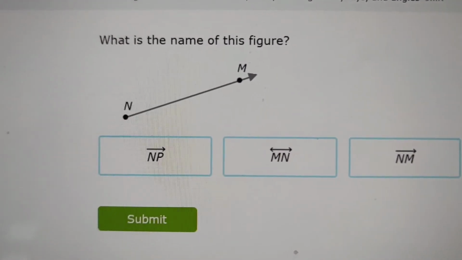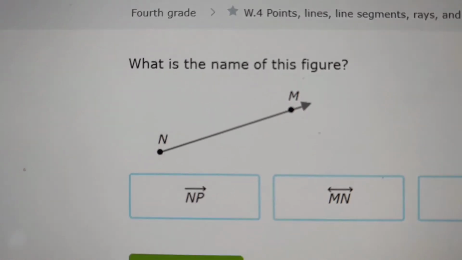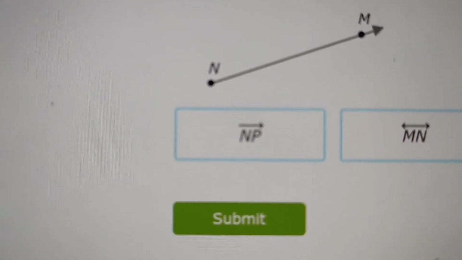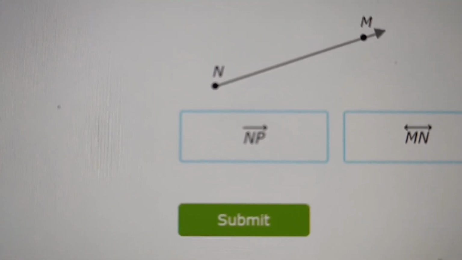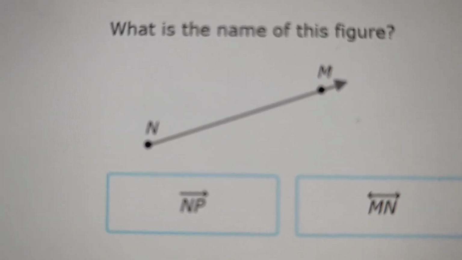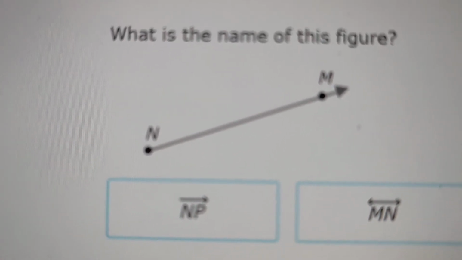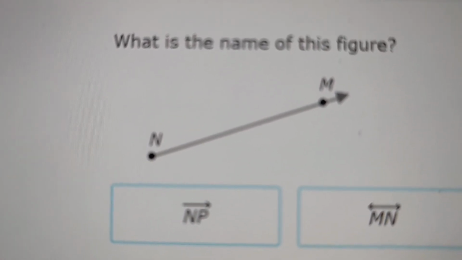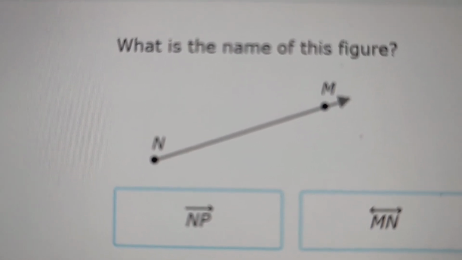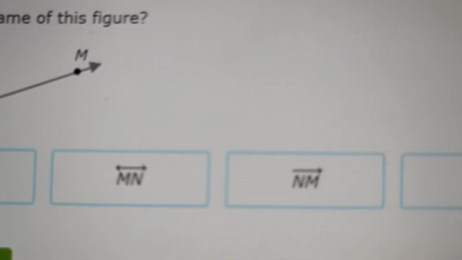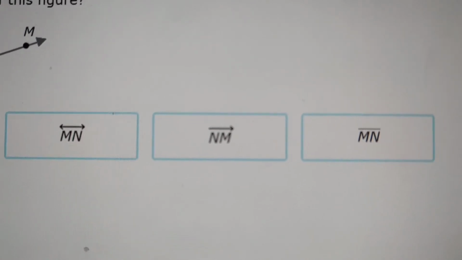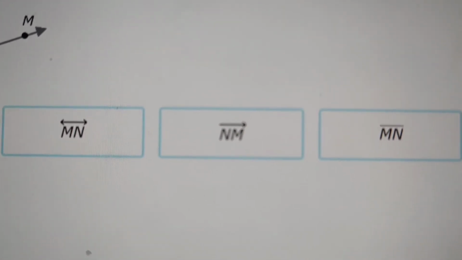And I hope that you all recognized it's a ray, but I hope no one chose the choice ray NP because this is ray NM. That's what it says there. There's point N where it starts and it goes through point M. And the choice that shows ray NM is right there.